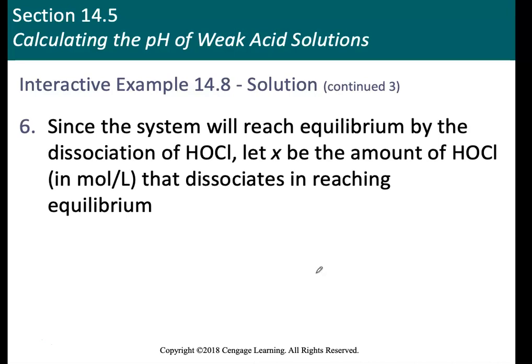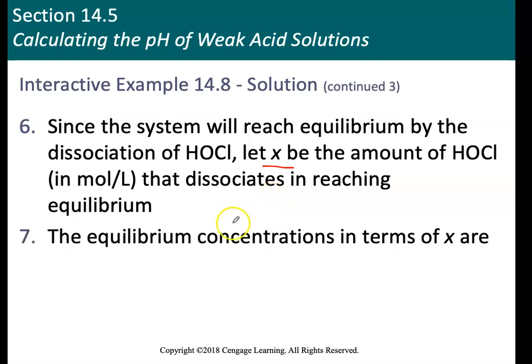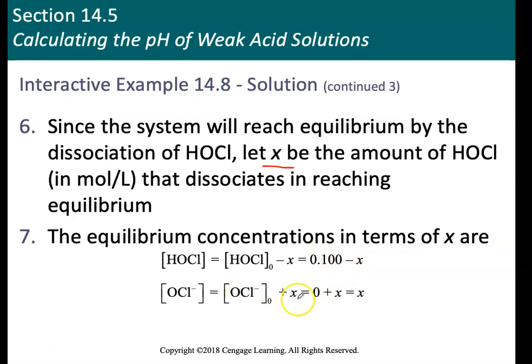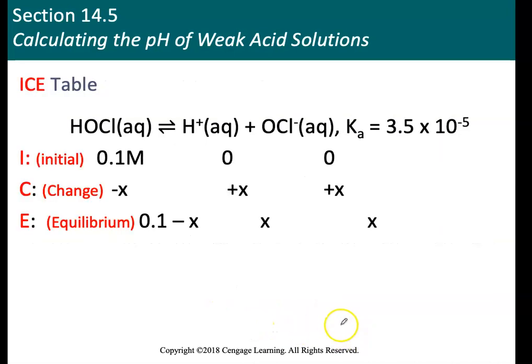So now we let X be the amount that dissociates in reaching equilibrium, and then we can write the equilibrium concentrations in terms of X. So notice that HOCl will be 0.1 minus X, OCl minus will be X, and H plus will be X.